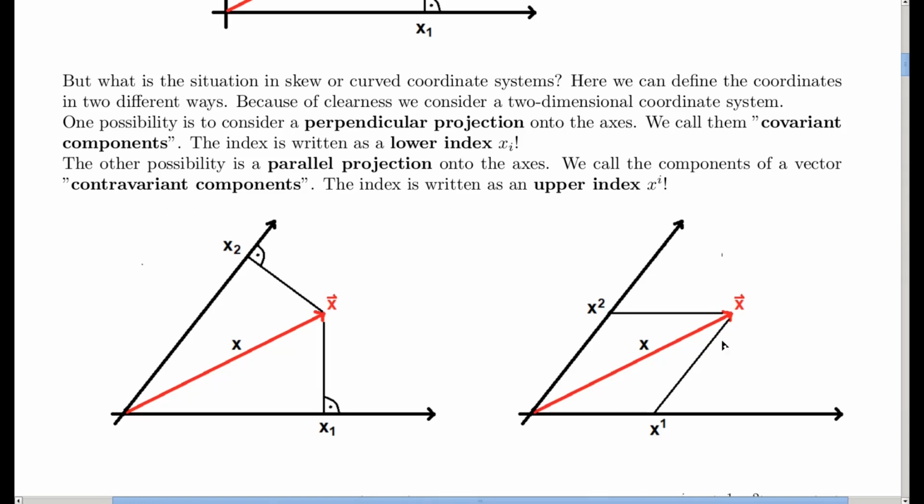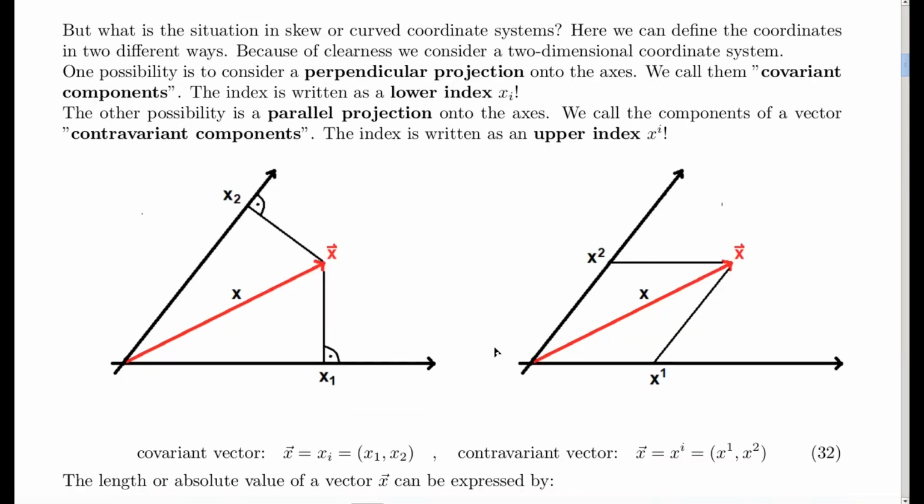But we also have the possibility to make a parallel projection. This projection line is parallel to the x2 coordinate line, and so we get here x1 and here the x2 coordinate, and we see these coordinates and these coordinates are not the same, they are different.